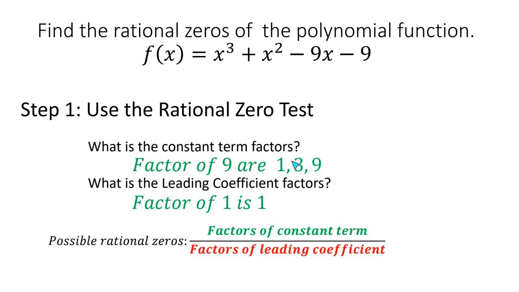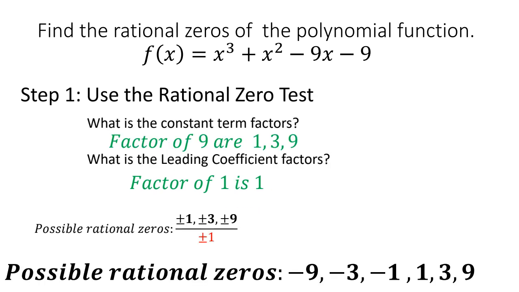So the factors of 9 are 1, 3, and 9. And the factor of 1 is 1. So if I write these, divide them, I have plus or minus 1, plus or minus 3, plus or minus 9, divided by plus or minus 1. So 1 divided by 1 is 1, 3 divided by 1 is 3, and 9 divided by 1 is 9. And so these would be our possible zeros.